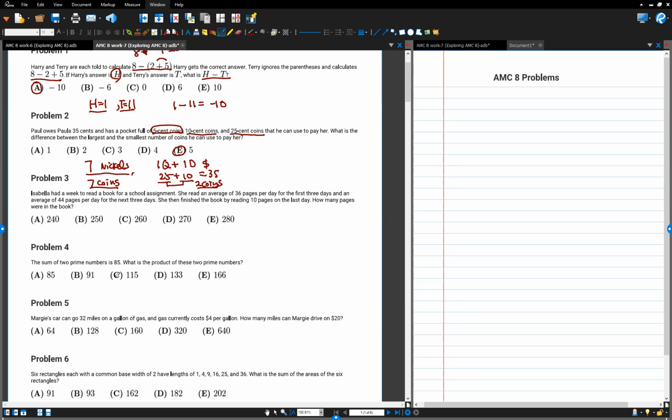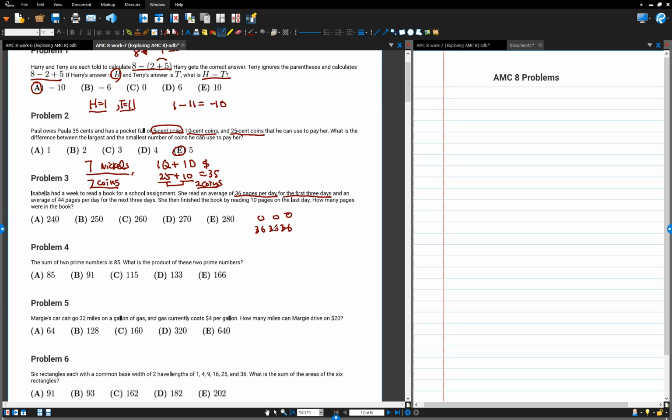You can read the question and try number 3, okay? The assignment is to read the book. She read an average of 36 pages per day for the first 3 days: 1 day, 2 days, 3 days, 36, 36, 36.